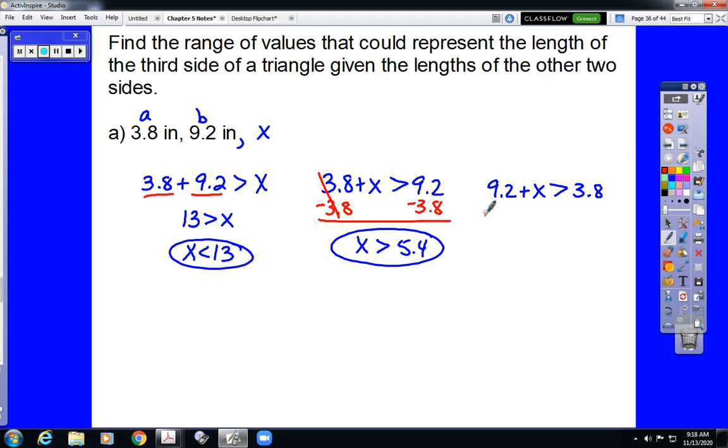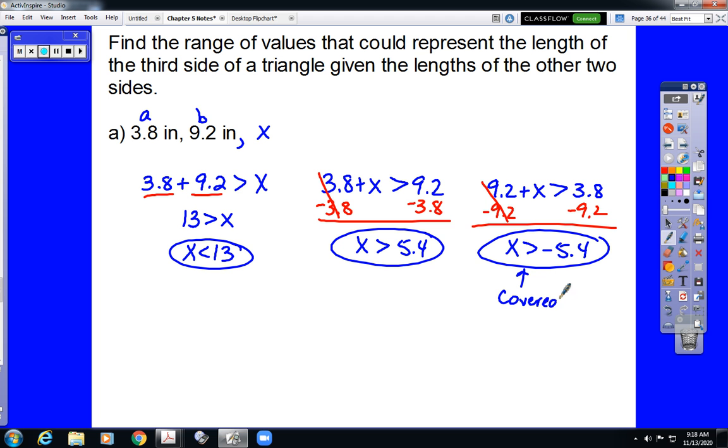And finally, subtract 9.2 from each side, which would give us x is greater than negative 5.4. Again, we don't need this one, because if x is greater than 5.4, it's already greater than negative 5.4.